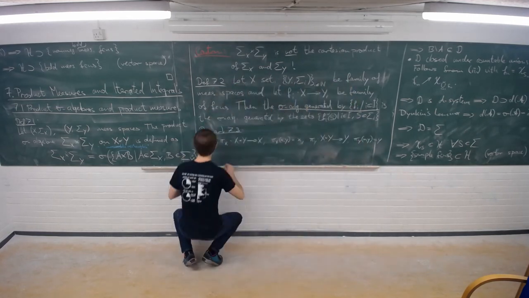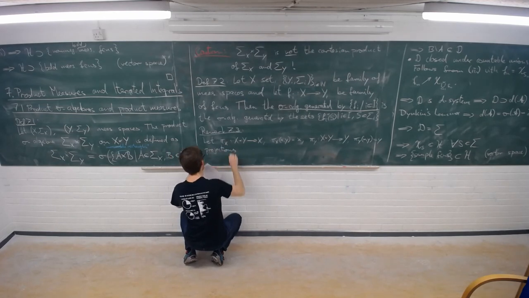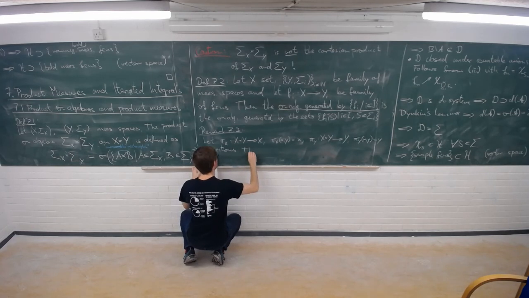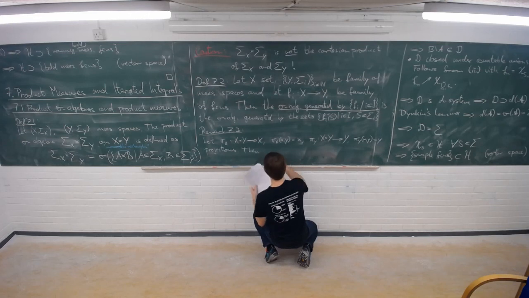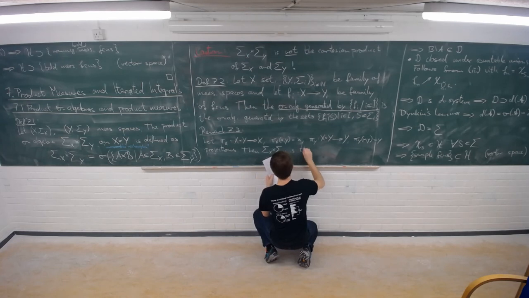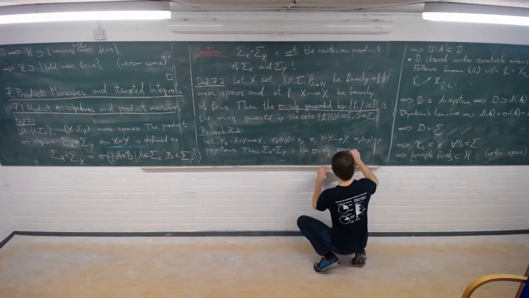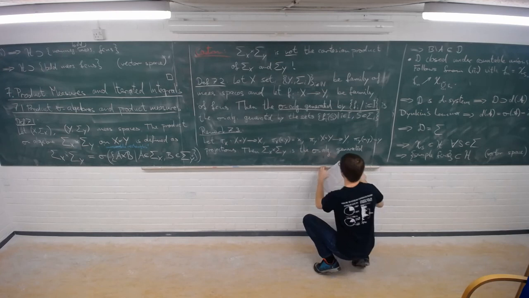Let these be the projections. Then one can show that Σ_X times Σ_Y is the sigma algebra generated by these two functions π_X and π_Y.